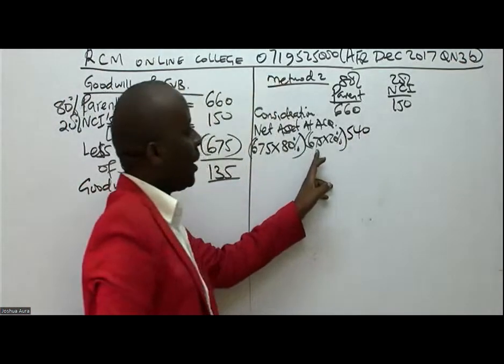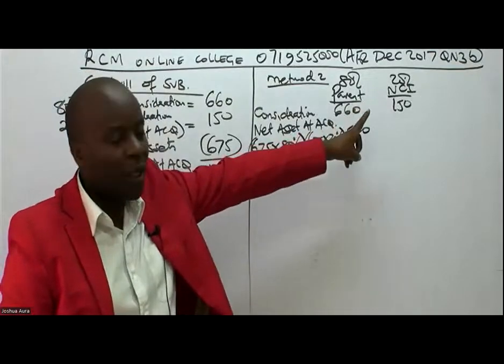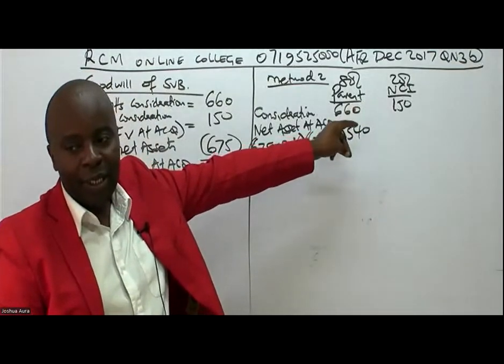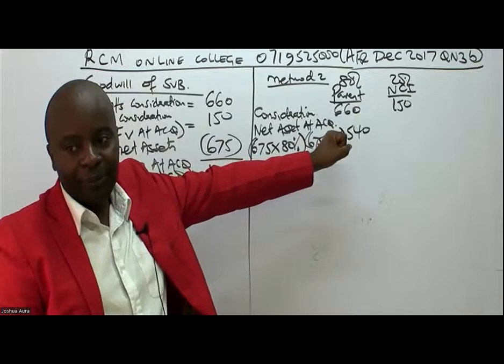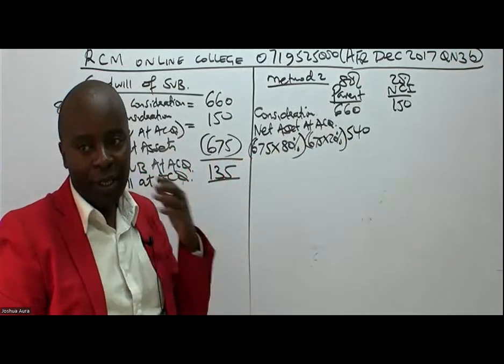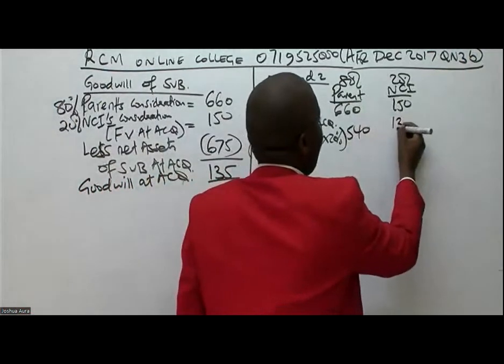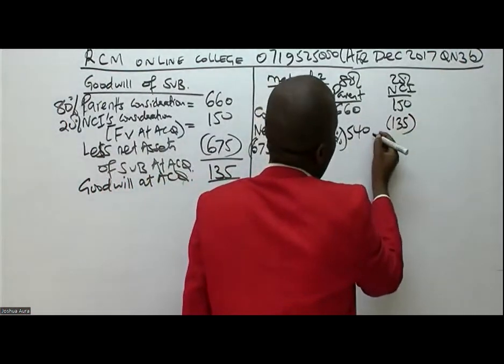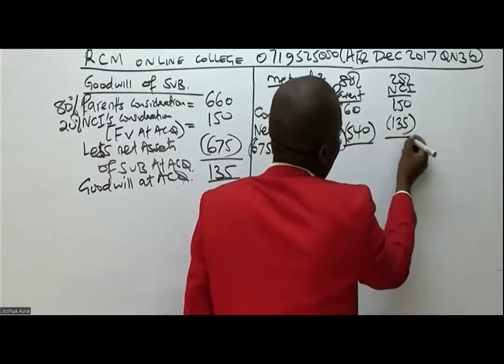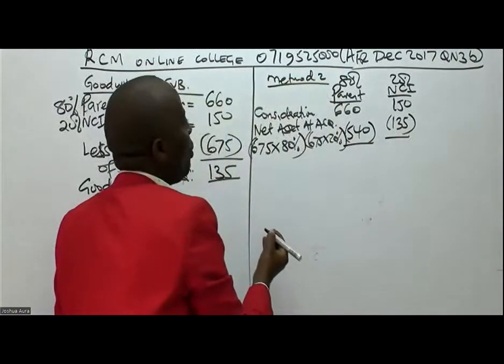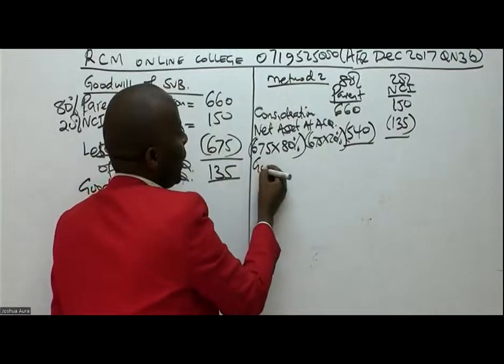How about 20% of 675, which belongs to NCI? 135, isn't it?